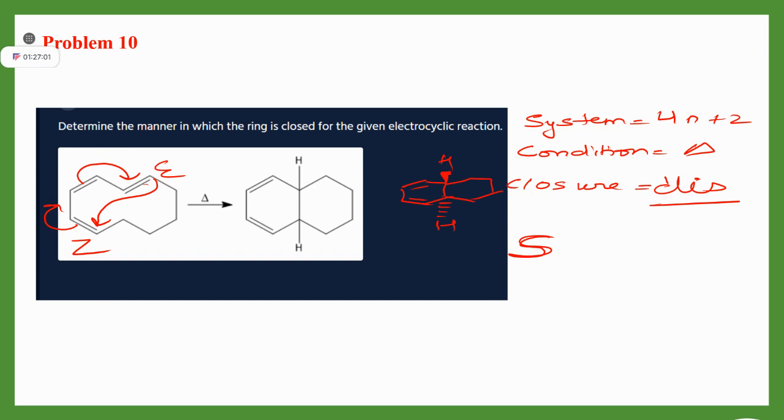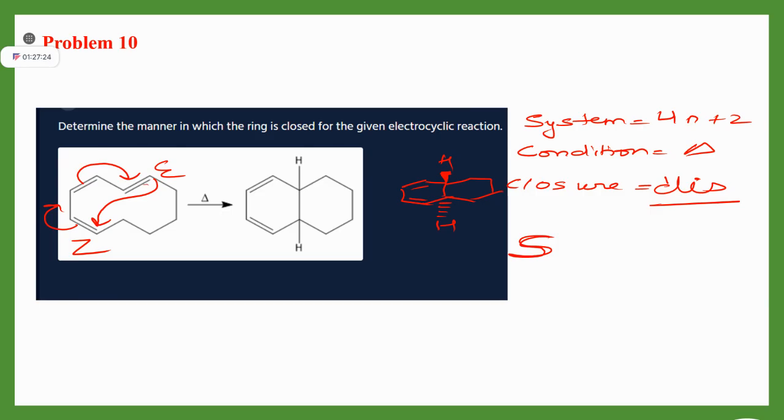So from this practice session or week 1 tutorial, what we have learned is pericyclic reactions are divided into various parts. In this session, we have covered problems based on electrocyclic reactions. Electrocyclic reaction can be of two types.